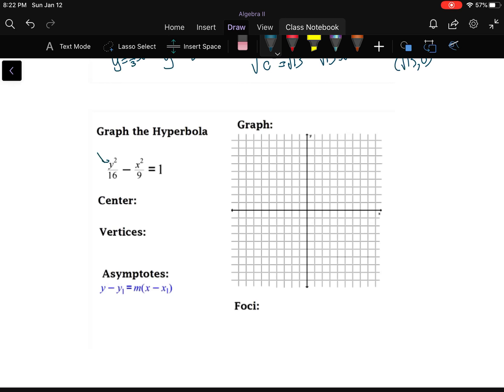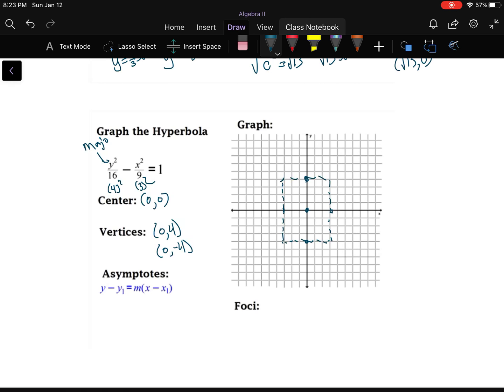Okay, so now y is positive, so there's my major axis. Okay, so that's going to become 4 that I'm going to use. So I'm going to go from here, center again, 0, 0. Go up 1, 2, 3, 4. I'm going to go down 4. Okay, I'll use that 3 to form the box along with my, so that's why there's no co-vertices.